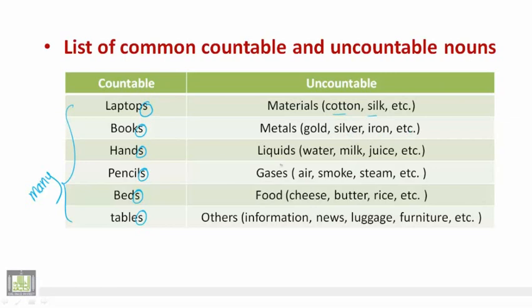Liquids, السوائل, such as water, milk, juice. Gases, الغازات, air, smoke, steam. Food, such as cheese, butter, rice, etc. Now, what is really interesting, والأمر اللافت للنظر, what is really eye-catching is the fact that the last section of uncountable nouns, الجزء الأخير في هذه الخانة, تحتوي على أسماء غير معدودة.